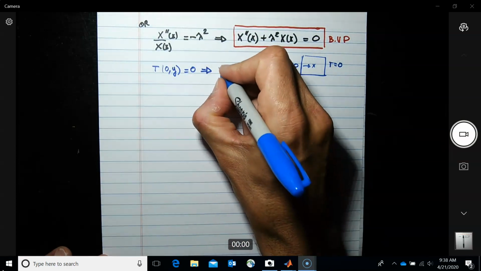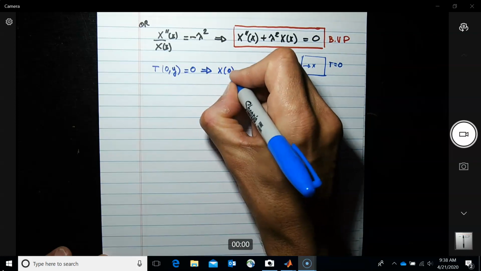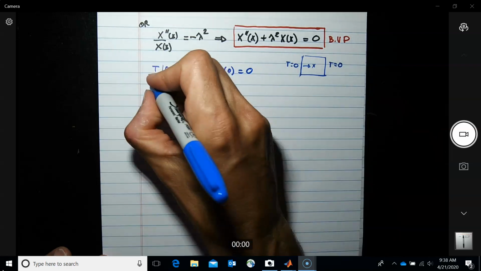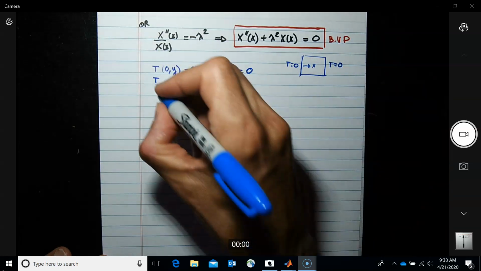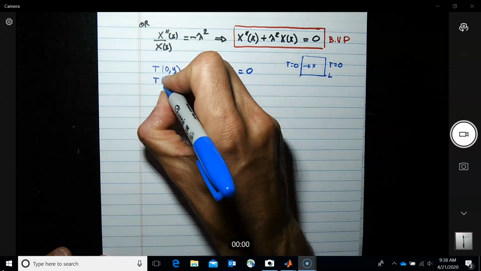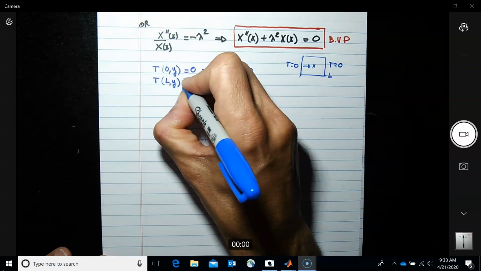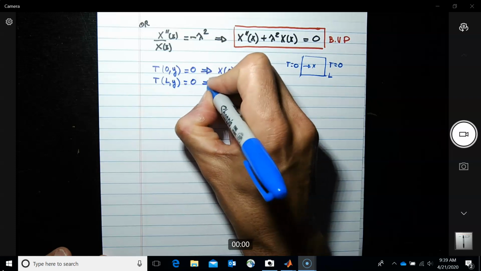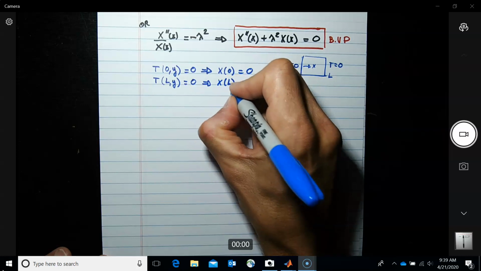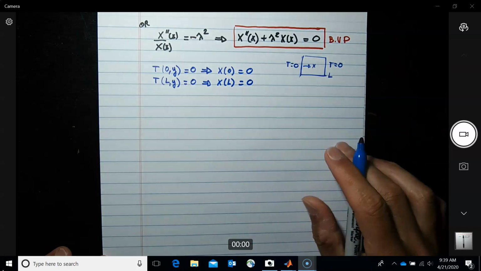So this means we can rewrite the boundary condition as X of 0 will be 0, and then the second boundary condition is what? T at L, y is also equal to 0. So this will mean what? This is only a function of x, so X at L will also be equal to 0.